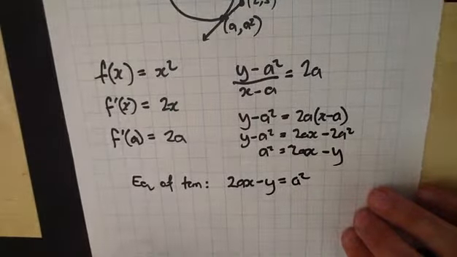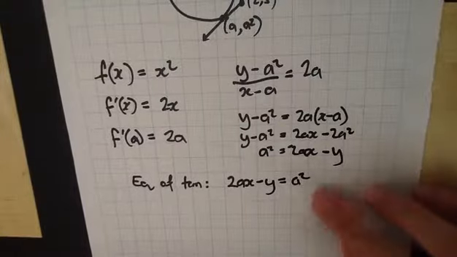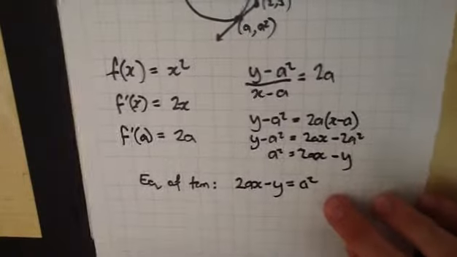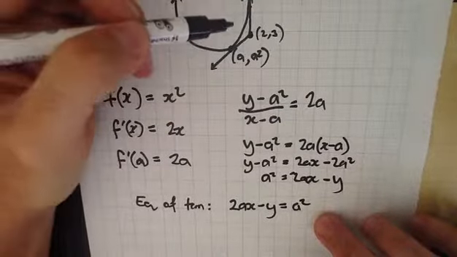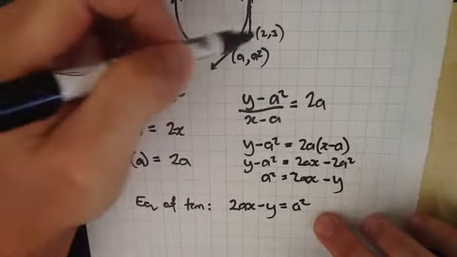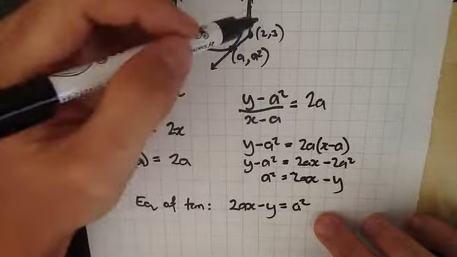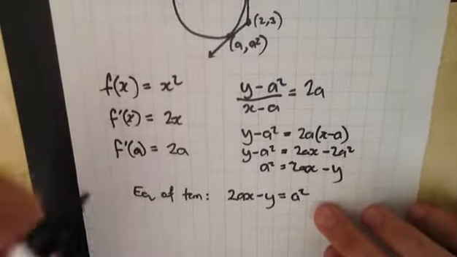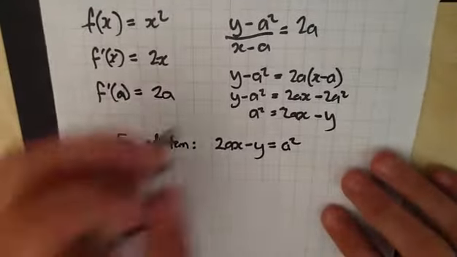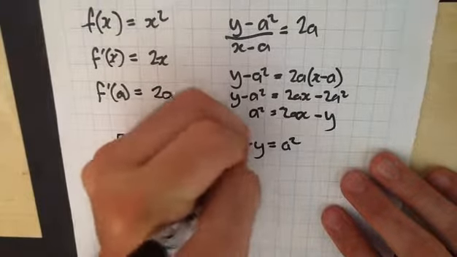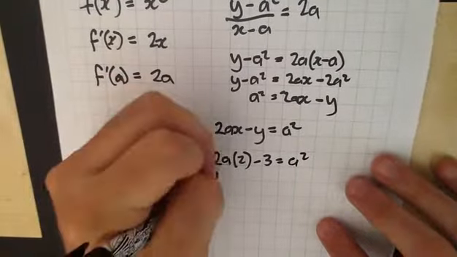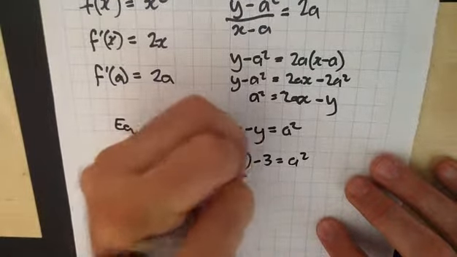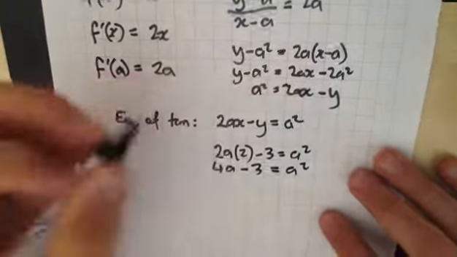Now, we know this line passes through the point (2, 3). So that's the equation of the line, but it passes through this point (2, 3). So when x is 2, y is 3. That's going to give me 4a take 3 is equal to a squared.